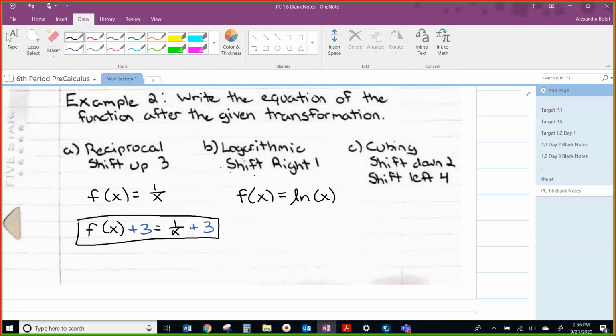It's shifting right. Remember, right and left is happening inside my parentheses, and inside, it's opposite of what you think. Right is usually positive, so it's going to be minus.